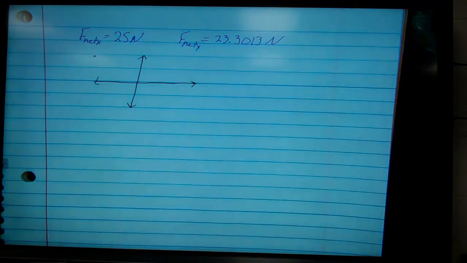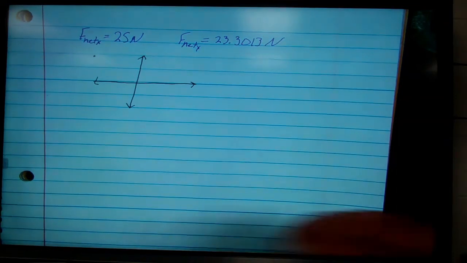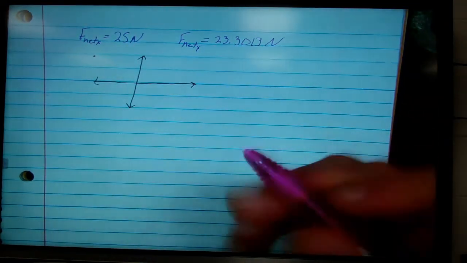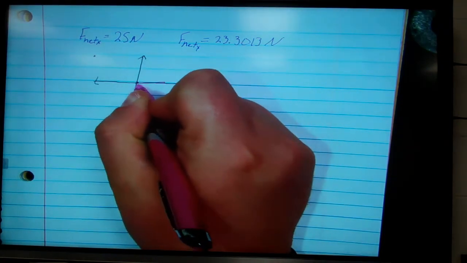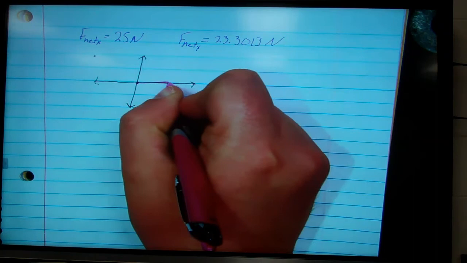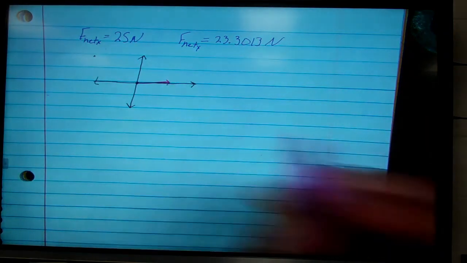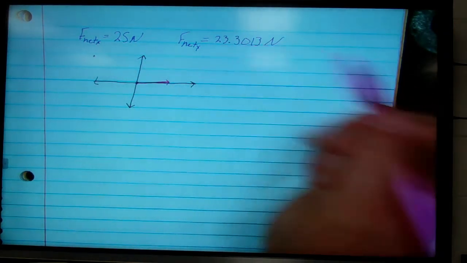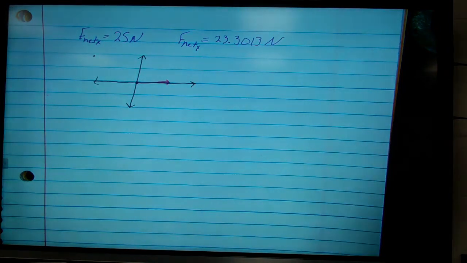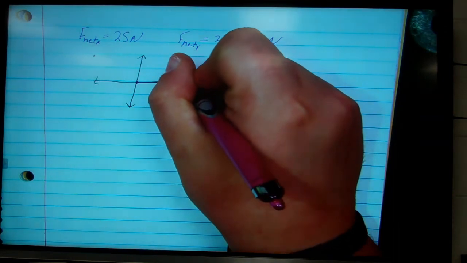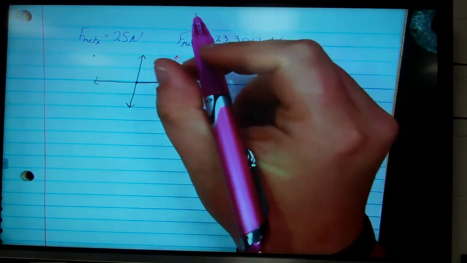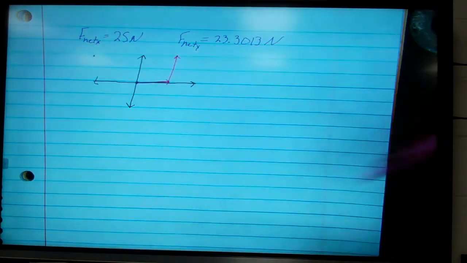Alright, so, going in the X direction, that's 25 newtons, positive direction. So we're starting here at the origin, 25 newtons over. Then I got a positive 23.3013 newtons up.